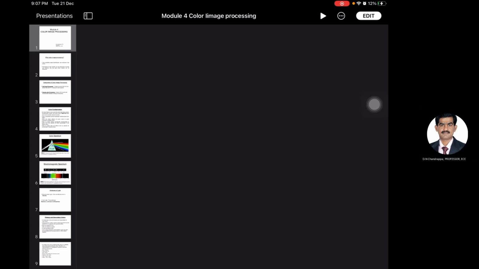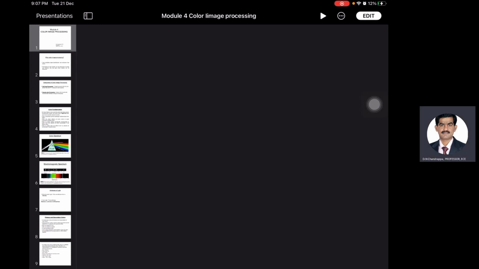So, today's class I will continue from the previous session. In the previous session, I started with color image processing.